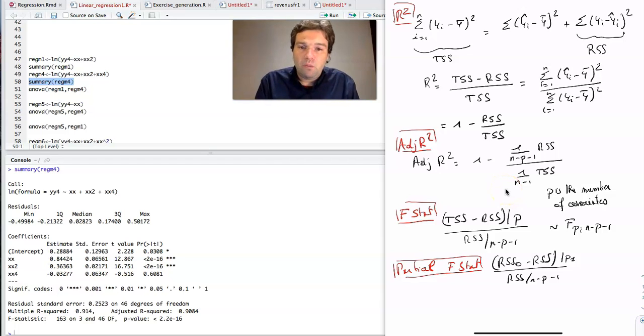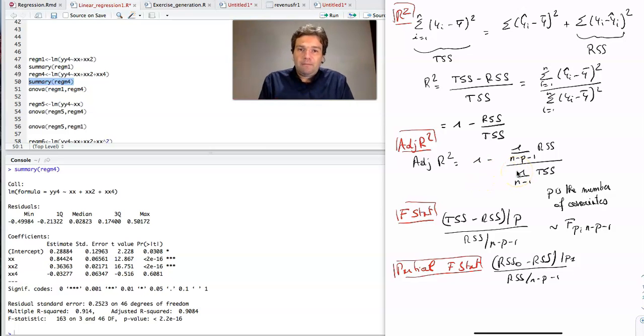But what can we see when we look at this formula? What is more important, in fact, is that in this quantity, if p is high, this denominator is small. This numerator becomes large, and thus the adjusted R square becomes lower compared with a smaller value of p.